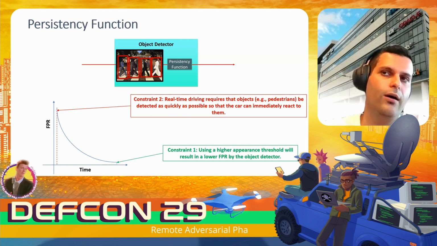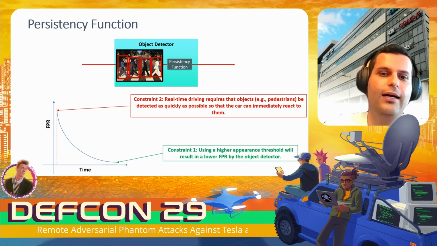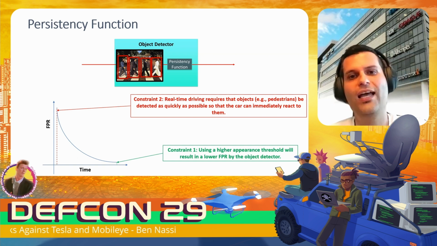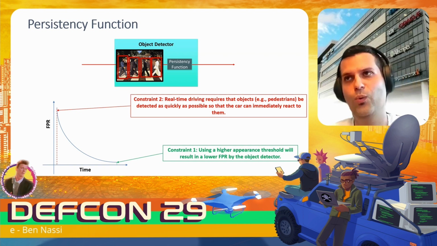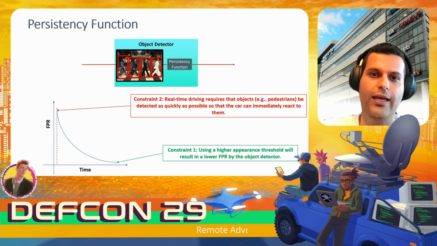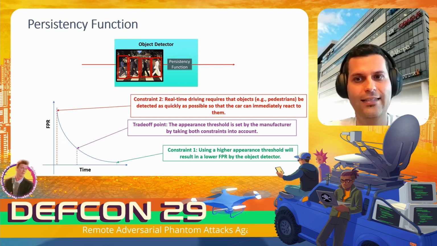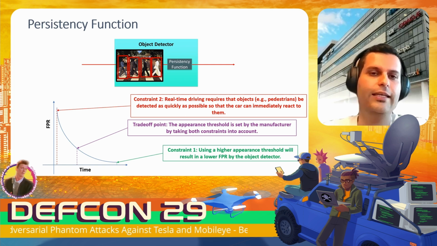So on one hand, you want to set a higher appearance threshold. And on the other hand, you want to set a lower appearance threshold. And as a result, you have a trade-off point where the appearance threshold is set by the manufacturer by taking both constraints into account.